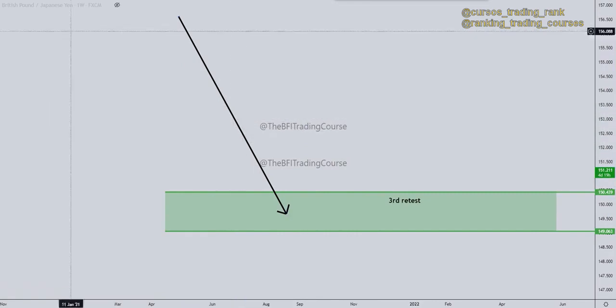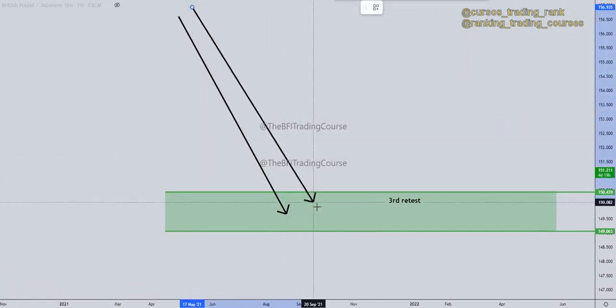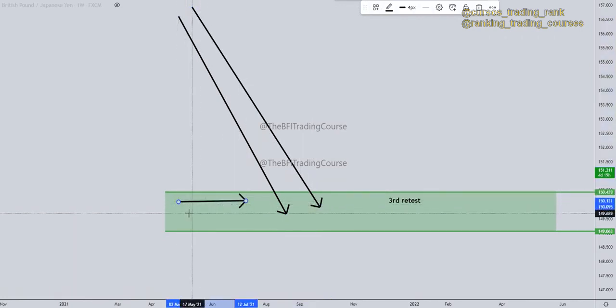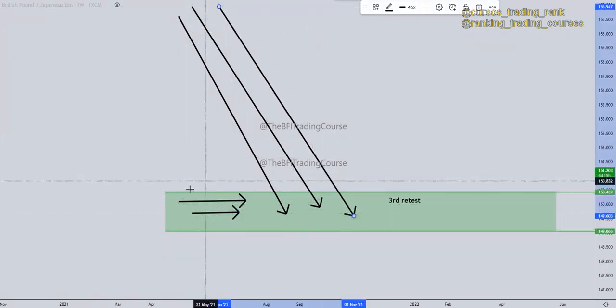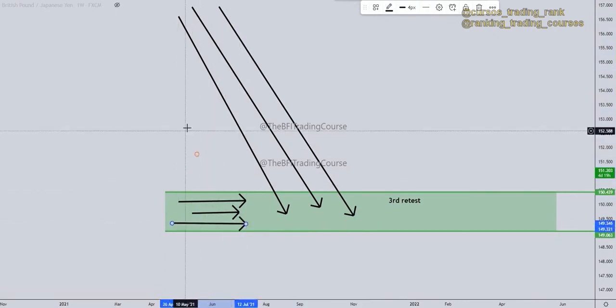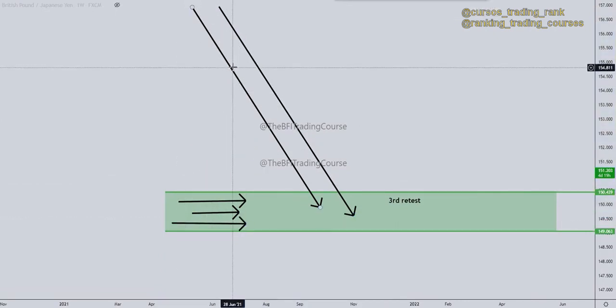What do you think will happen if price is coming from a weekly zone and hits a little 4-hour? Not so strong over here. It may wipe it out. How about a monthly move that's coming into a weekly buy zone? The monthly obviously is stronger.